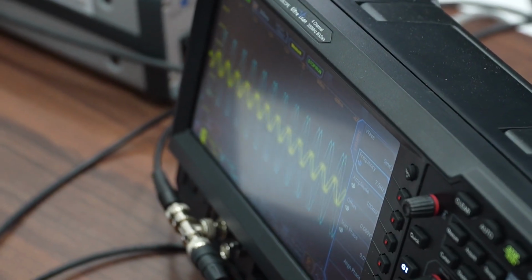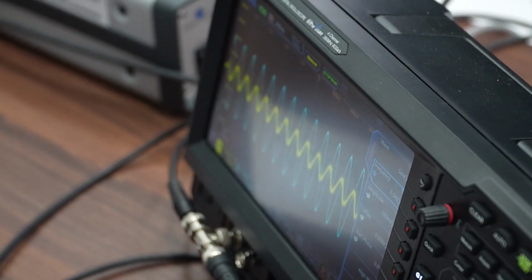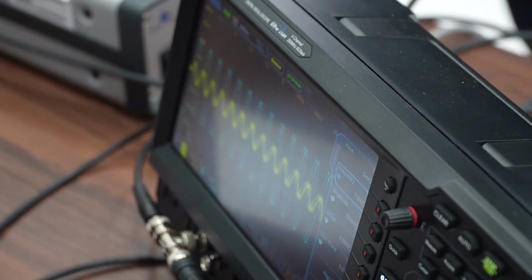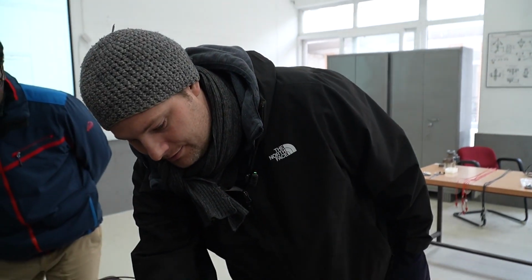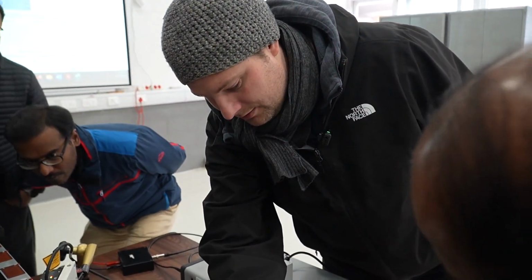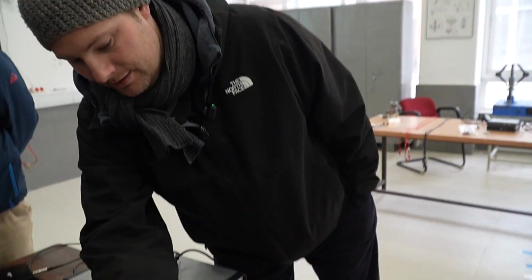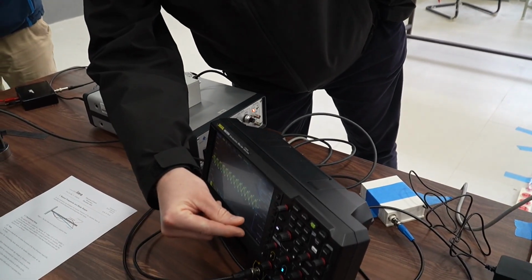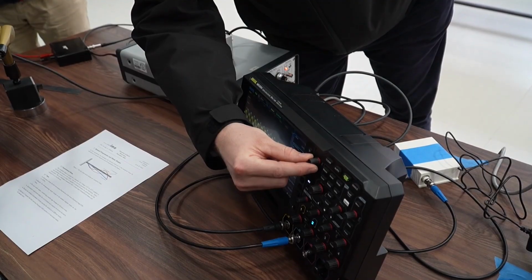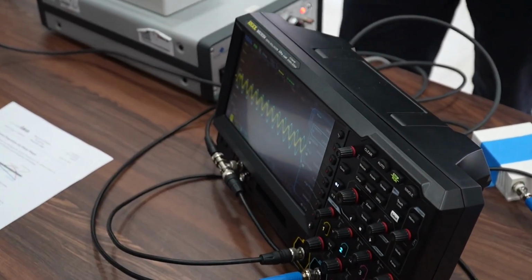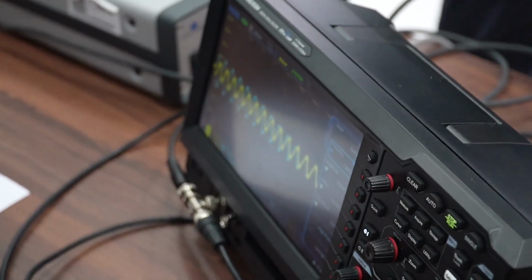Yes. So the eigenfrequency we can detect because of the amplitude. What happens if you go higher with the frequency? Nothing, right? The voltage is the same. Or at least we have a beat.